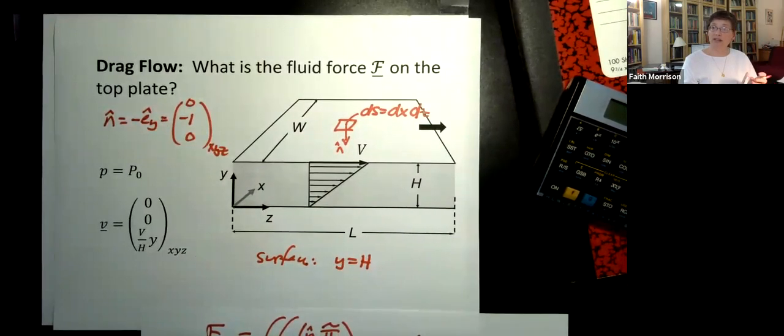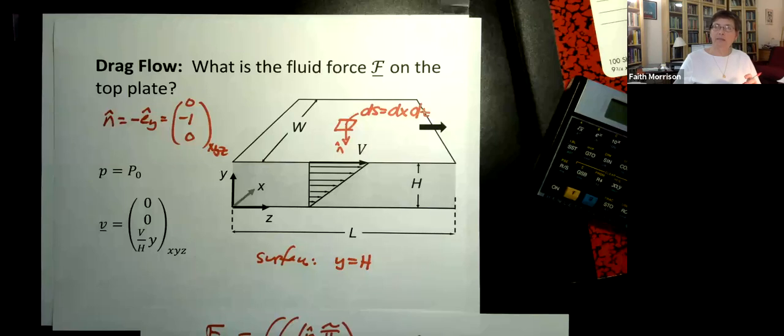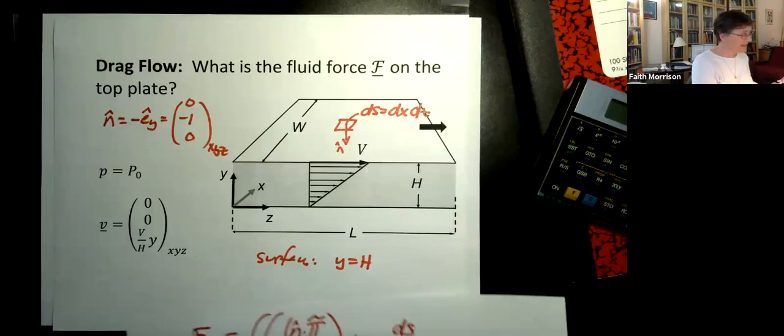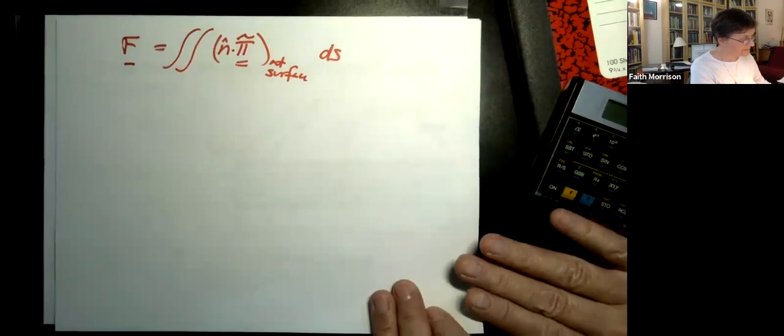So we've chosen a coordinate system that works really nicely, the rectangular coordinate system, with the shape of our flow domain, and that's why it's turning out so nicely. It actually turns out that there are no y's left over after we calculate n dot pi, but nevertheless, this is a good exercise to understand what "at the surface" means.